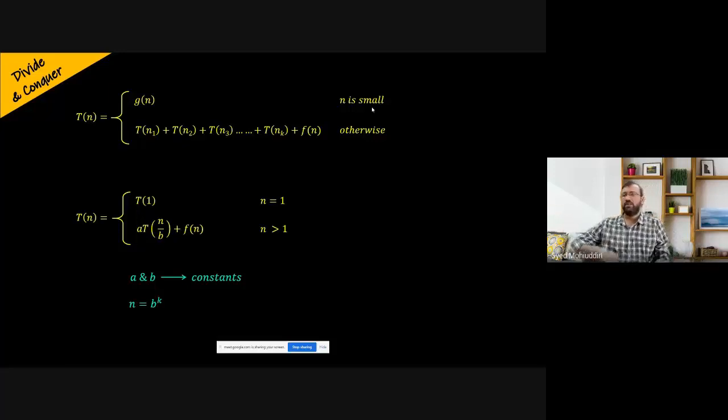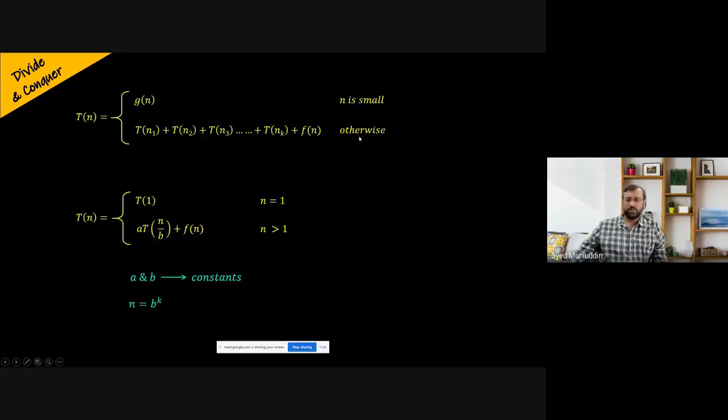That means it will take unit time to solve. So we can rewrite this recurrence relation T of n as: when n is equal to 1, g of n takes a unit of time, that is T of 1.